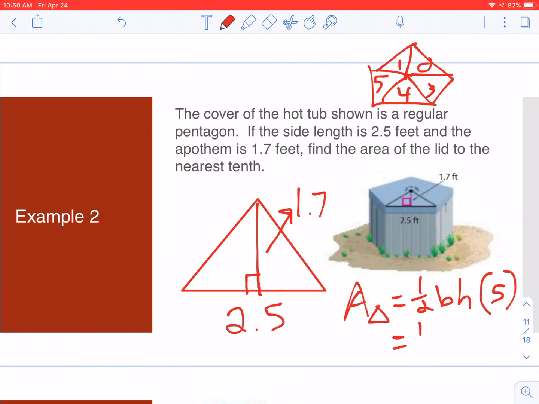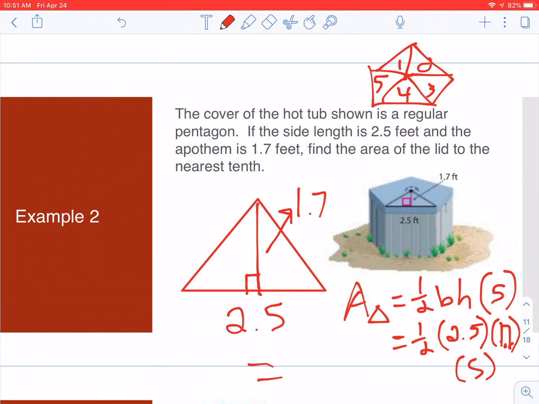So that's going to equal 1/2 times the base, which is 2.5, times the height, which is 1.7, times 5. If you multiply all that out, 0.5 times 2.5 times 1.7 times the number of triangles, which is 5.